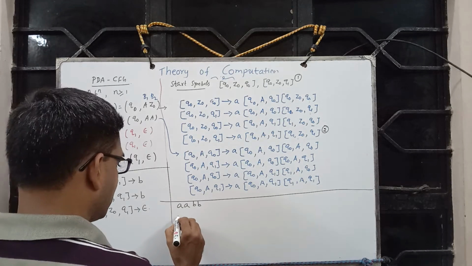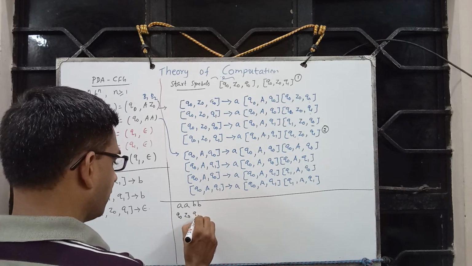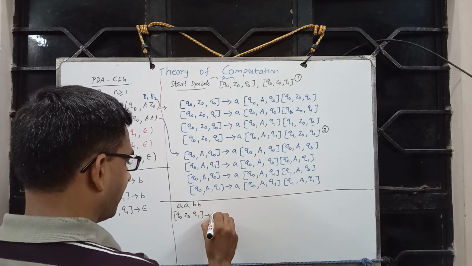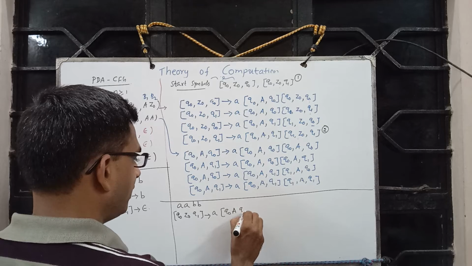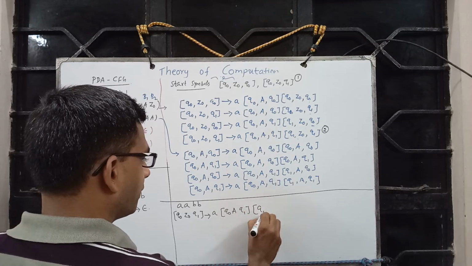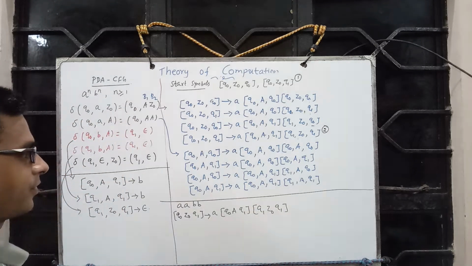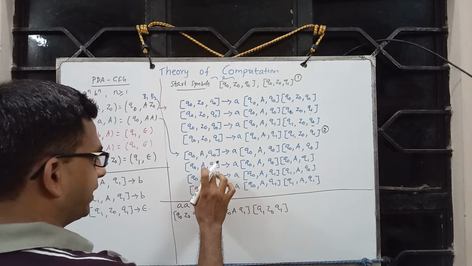Let's try this. So let me start from Q0, Z0, Q1 implies A followed by Q0, A, Q1, Q1, Z0, Q1. Now you have Q0, A, Q1. Let's assume I take this.